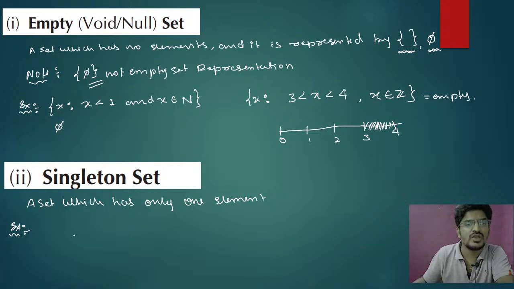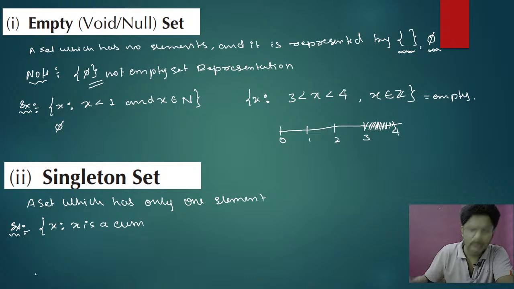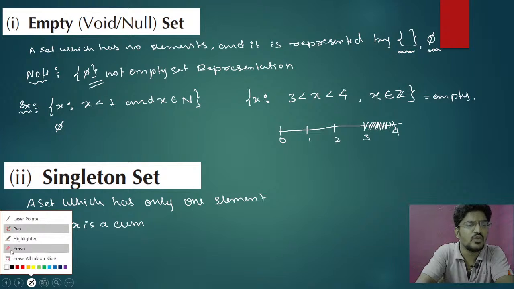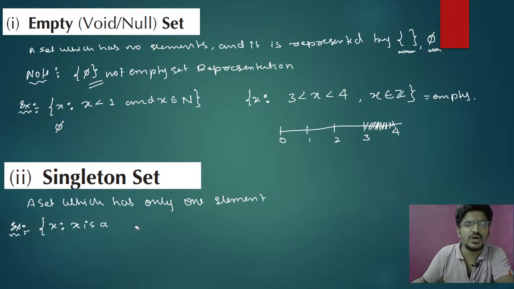Clear? So I'll write it as set x such that x is a even prime number. All of you have to give the example other than this. The example what I have written, other than that you have to write.